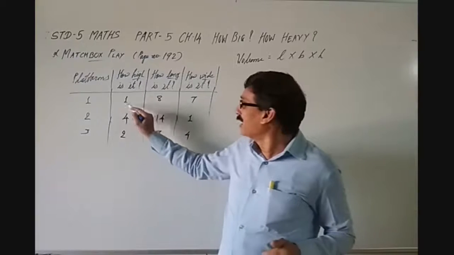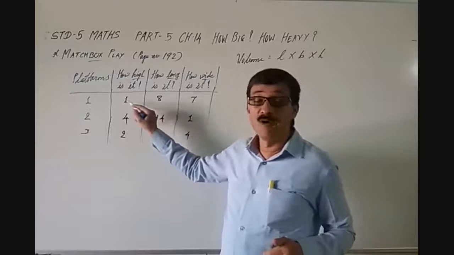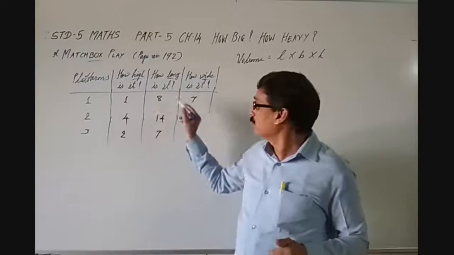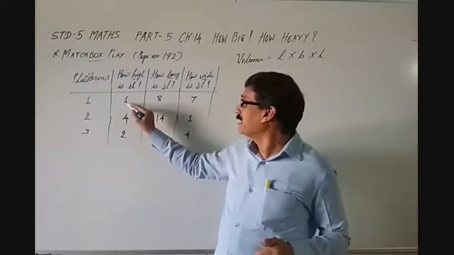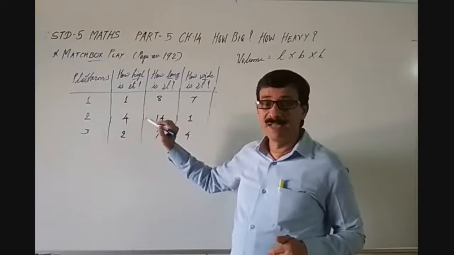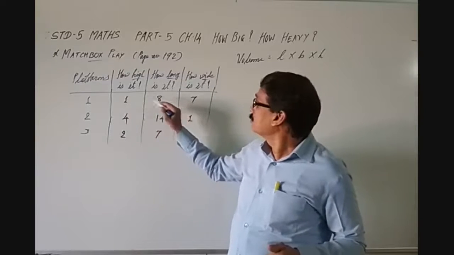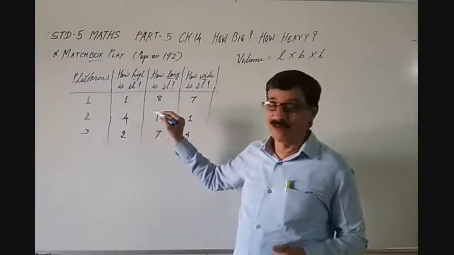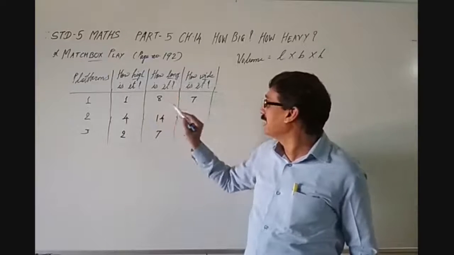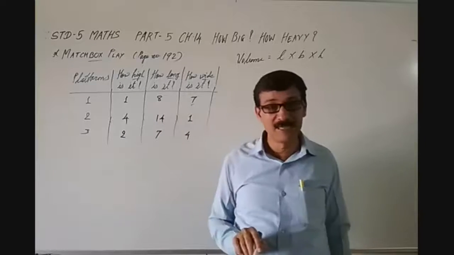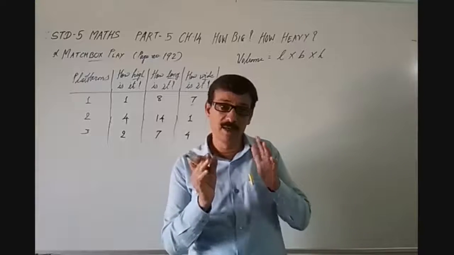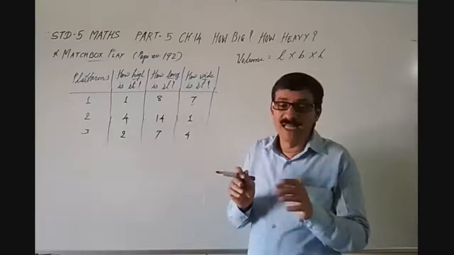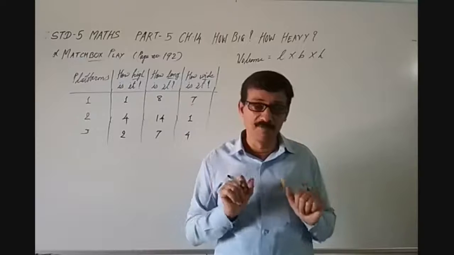See, these are the quantities in matchboxes. As a height one matchbox, lengthwise 8 and widthwise 7 matchboxes. Like that, if you put those matchboxes, you will get a platform.